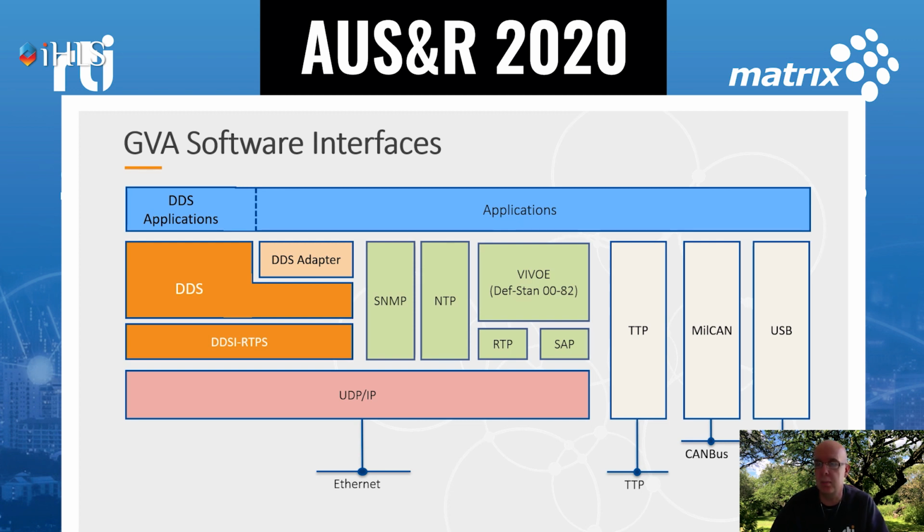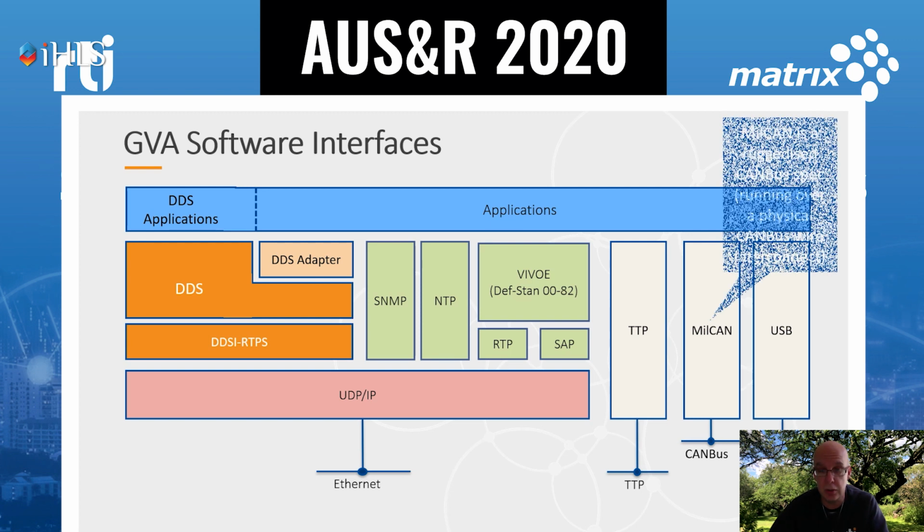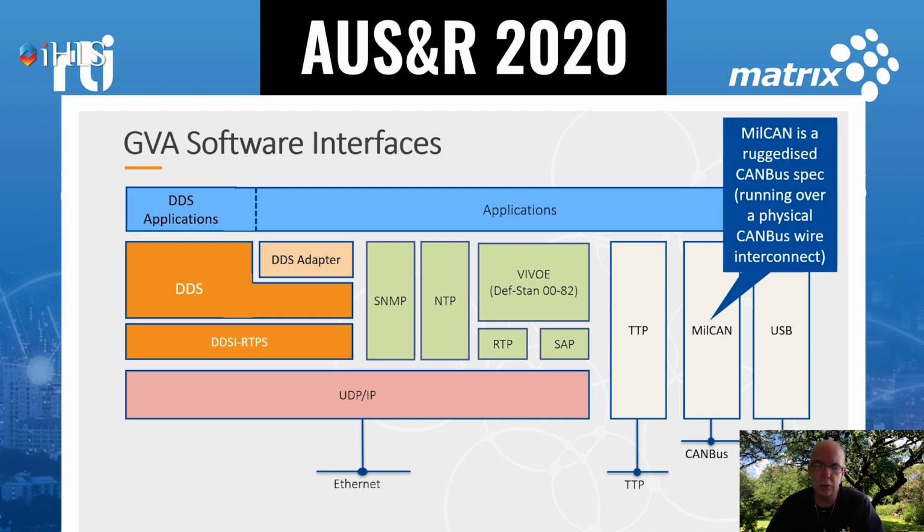For example, MILCAN, which is a ruggedized CAN bus architecture, is used for all the automotive interconnects within the vehicle. TTP, or Time Triggered Protocol, is used for time and mission critical data. In the UK, there is a separate DEF STAN called 00-82, or VIVOE, which is essentially carrying video over Ethernet using more traditional protocols such as RTP and SAP.